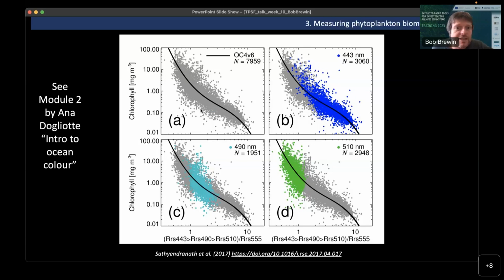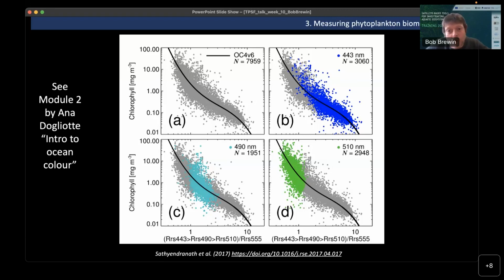Now, there's a lot of scatter around these relationships, which are down to a number of factors, some of which you possibly touched on, maybe when you were looking at the module or listening to the module on optically complex waters, where we know that this ratio of blue to green light is also sensitive to other constituents in the water. So if there's a lot of CDOM in the water, for the same chlorophyll concentration, it's going to modify that ratio.